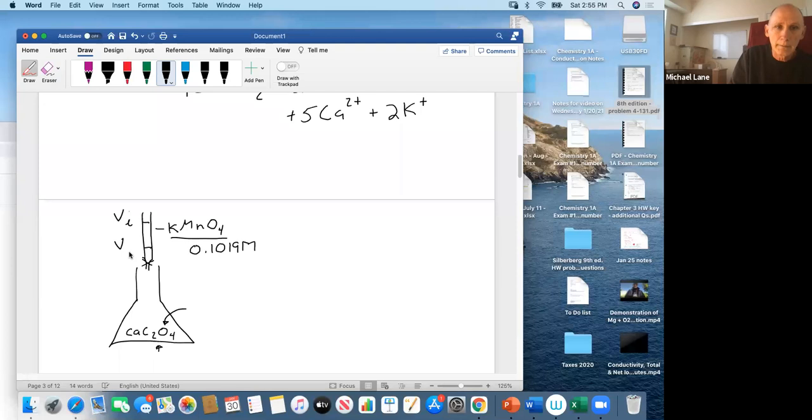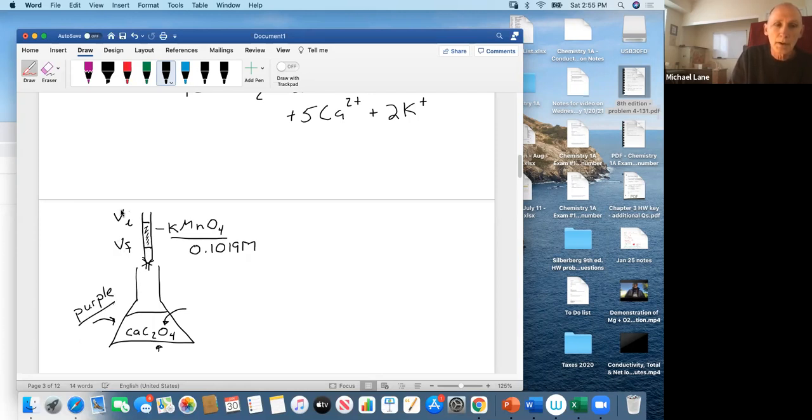and V sub F. So the reaction starts off, remember, I don't have a purple pen, so the reaction starts off, the potassium permanganate is purple, and at the end of the titration, this solution became purple, indicating that we had reached the end of the titration.